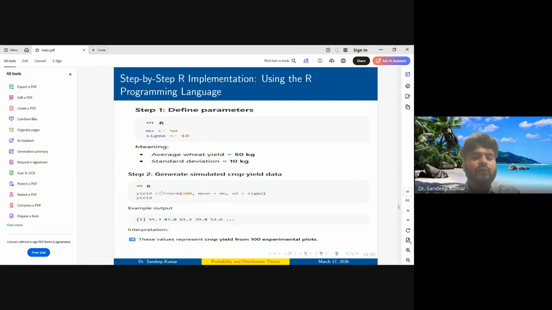So yield equals rnorm, which generates random numbers from a normal distribution. rnorm(100, mean equals mu, and standard deviation sigma). So output is 50.53, 47.8, 60.2, and 39 point something. These values represent crop yield from 100 experimental plots.